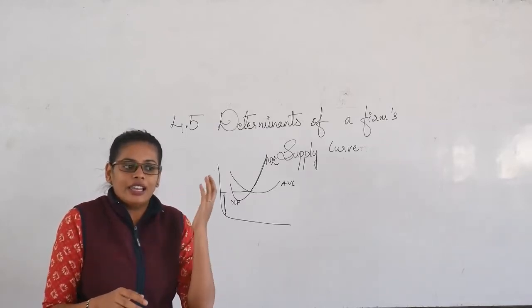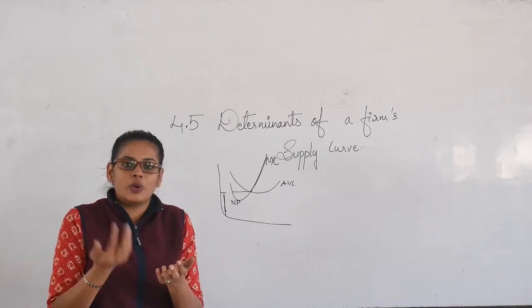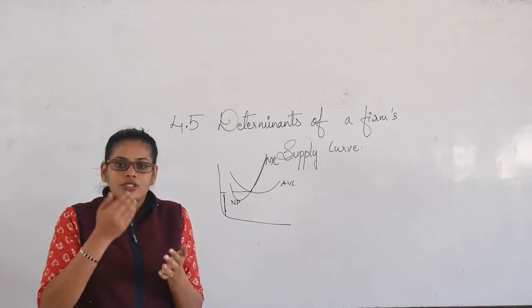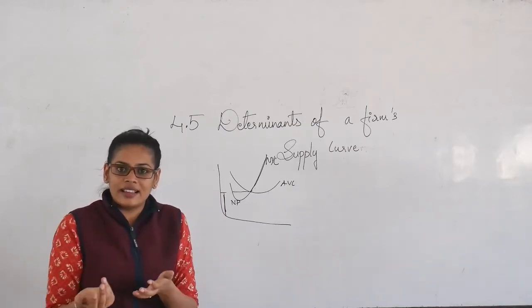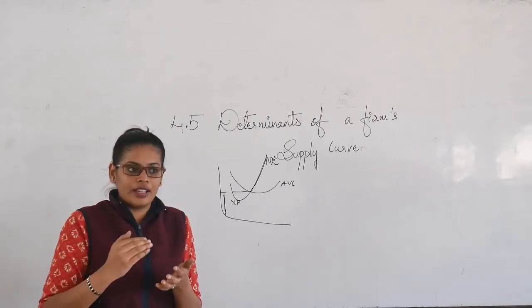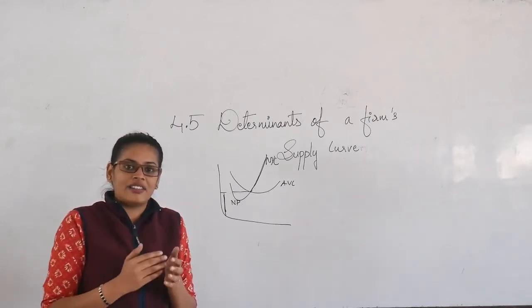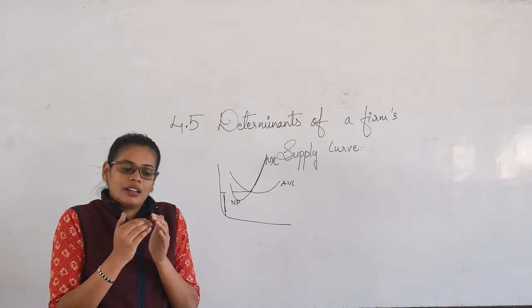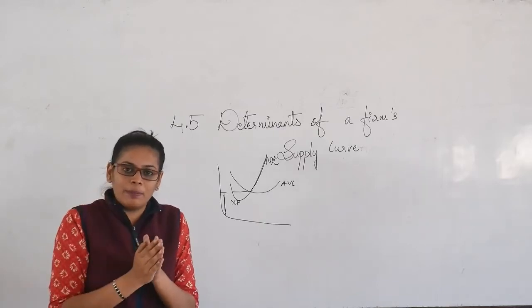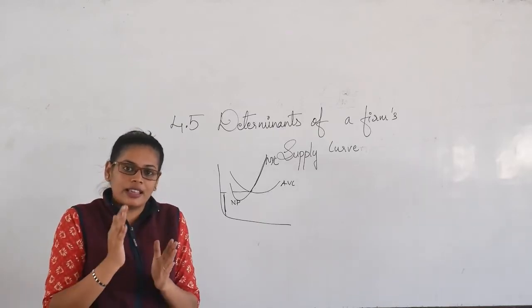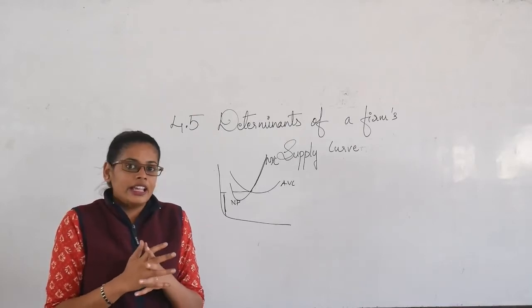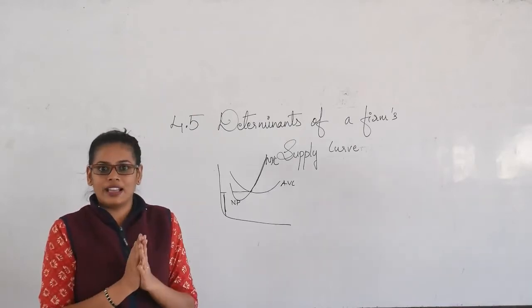So if a labor is providing you a service, in return what you will be paying? Wages, right? So if the labor wages have been increased from the previous situation which the company used to have, then you can see there will be a shift in the supply curve, right?